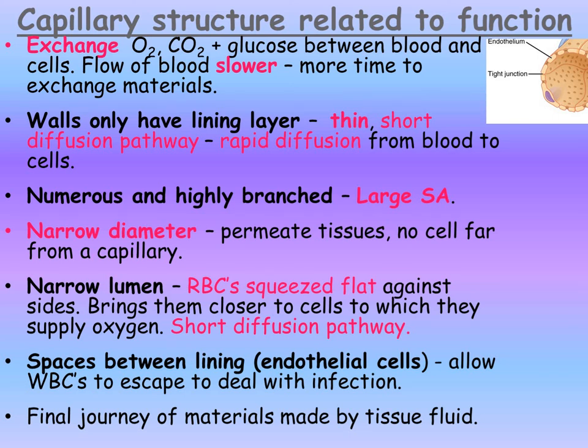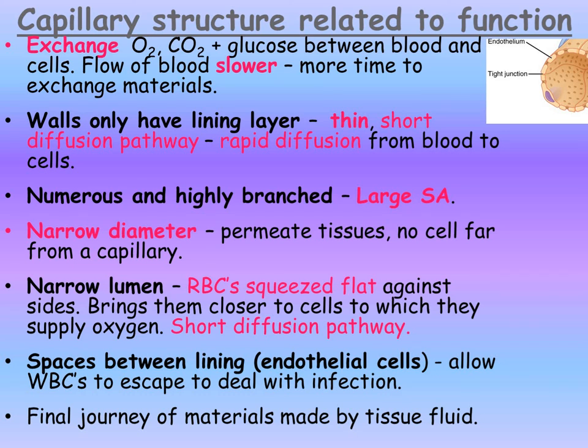They have a narrow lumen, so the red blood cells are squeezed flat against the sides, which brings them closer to the tissue cells which they supply oxygen to, so there's a short diffusion pathway. They also have microscopic spaces between the endothelial cells, which allows white blood cells to escape to deal with infection.